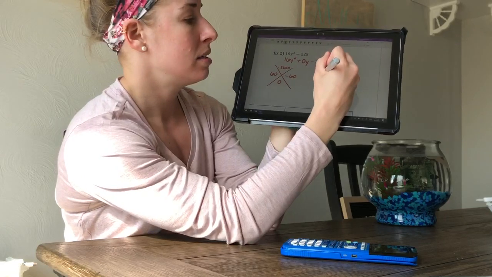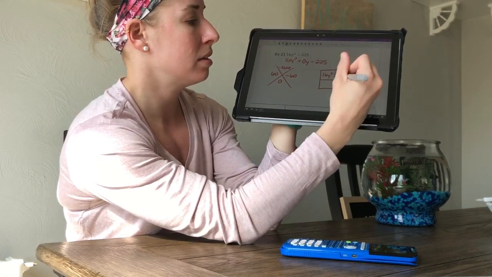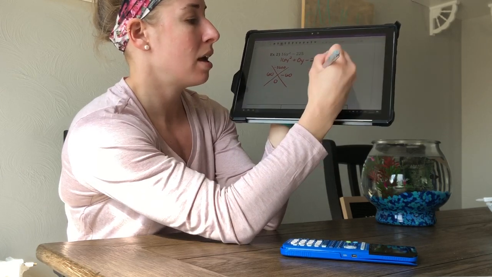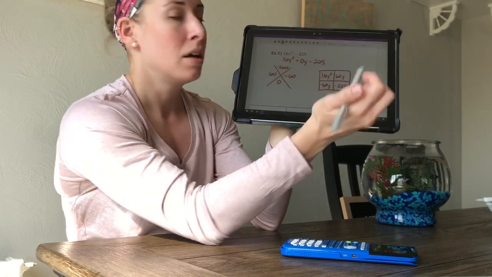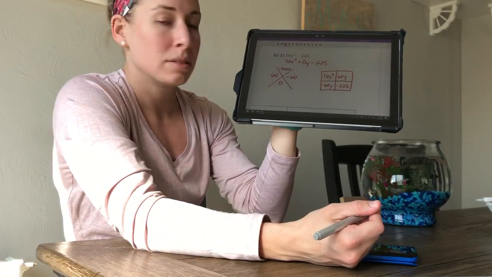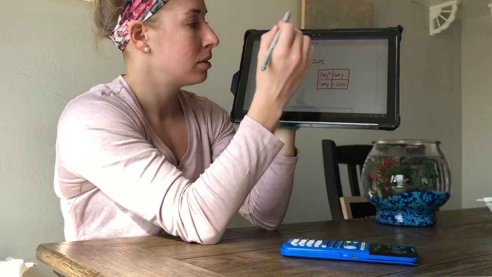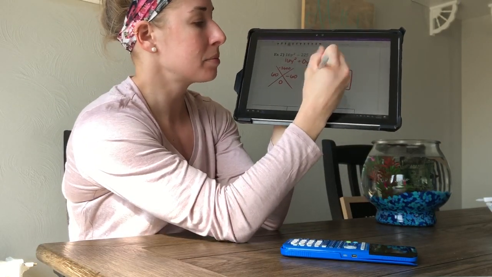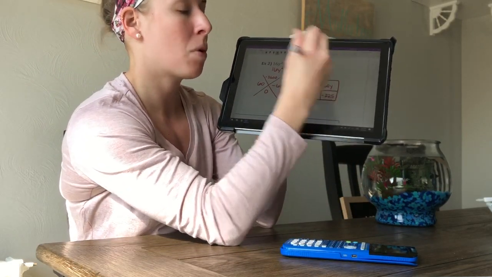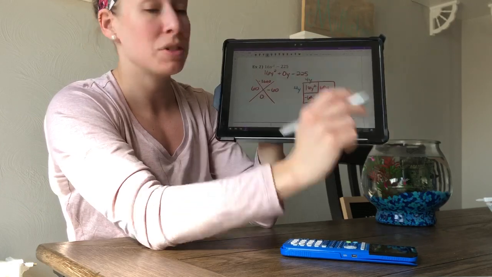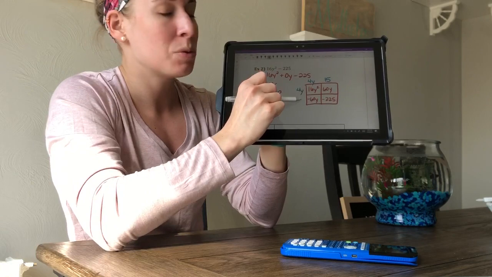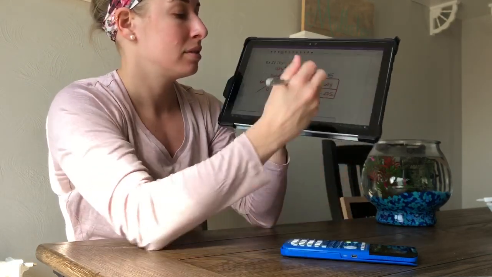And we've got our 16y squared, negative 225, 60y, and negative 60y. The greatest common factor of 16y squared and 60y, 4y. 4y times what gives you 16y squared? 4y. 4y times what gives you 60y? 15. 4y times what gives you negative 60y?